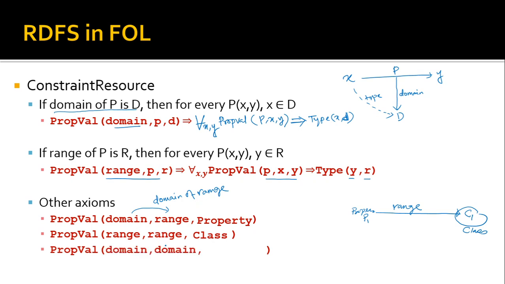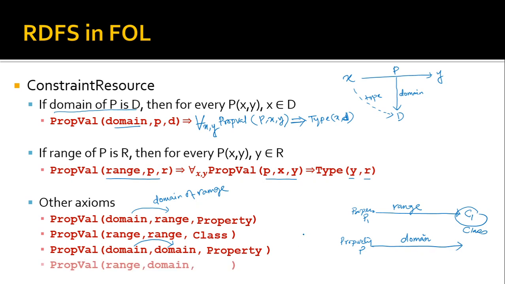What is the domain of domain? When we say something has a domain, of course a property has a domain. So the domain of a domain is a property. And what is the range of a domain? The range of a domain is again a class.